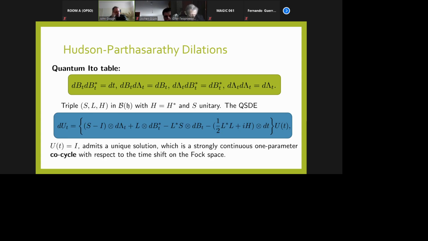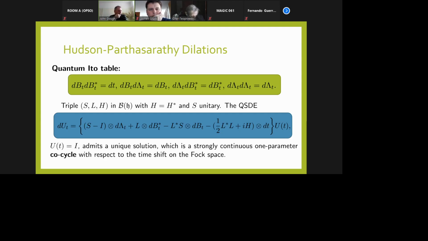H is going to be the Hamiltonian. So that's going to be self-adjoint. The S is going to be the unitary. That's going to be interpreted as the operator which gives you the scattering. The L operator is effectively what does the direct coupling between your noise field, so that's the B or B star coming in, and your system.